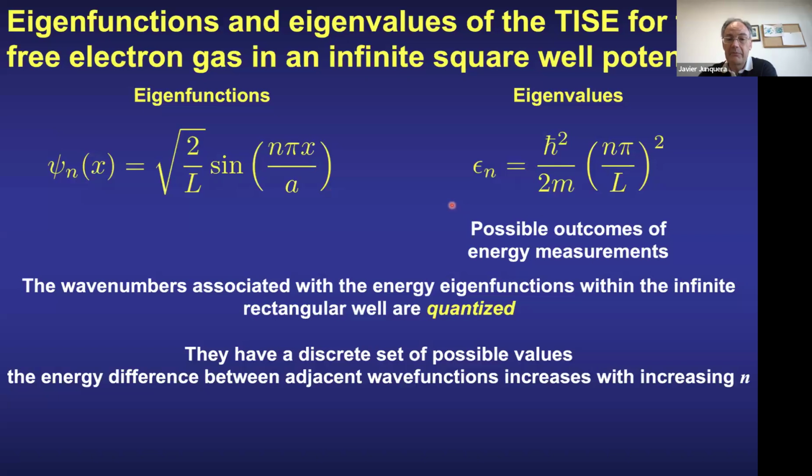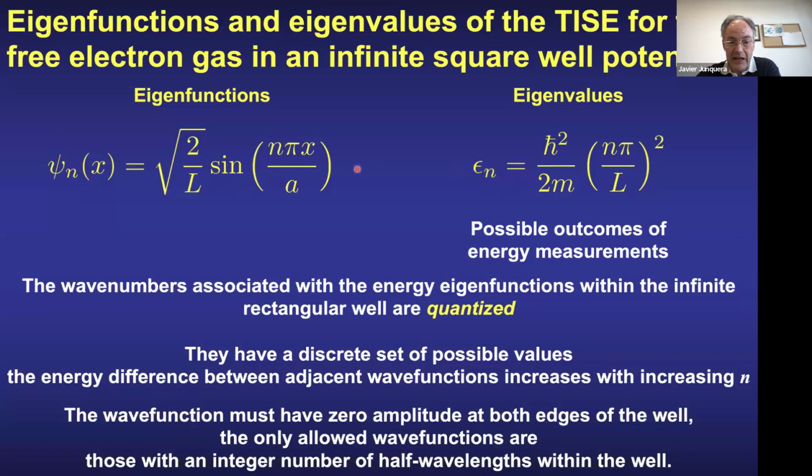Only some discrete sets of possible values are allowed, given by the possible integer values of this number m. And the energy difference between adjacent wave functions increases with increasing m.